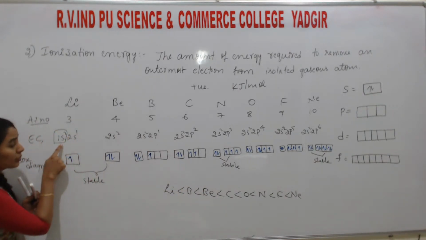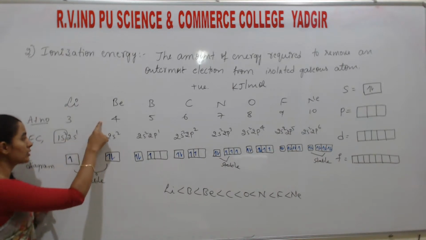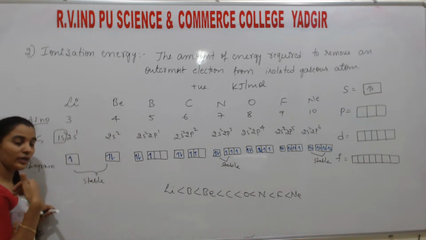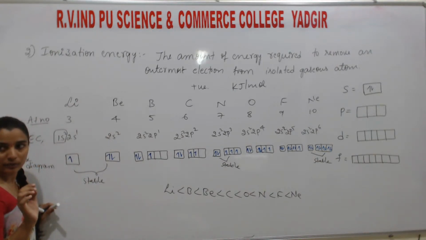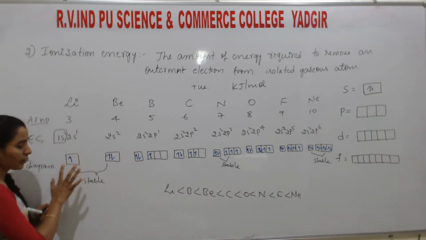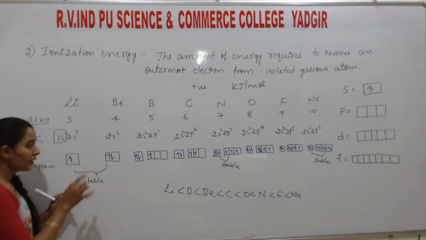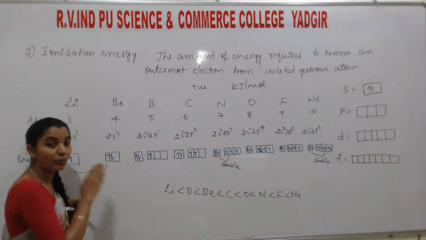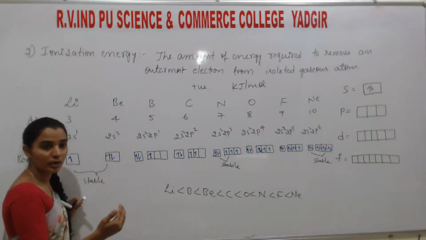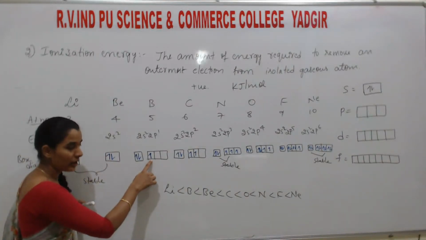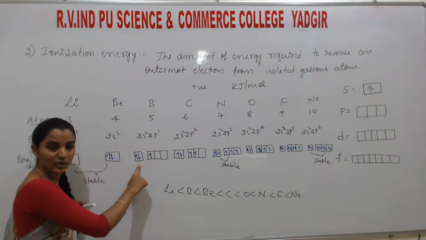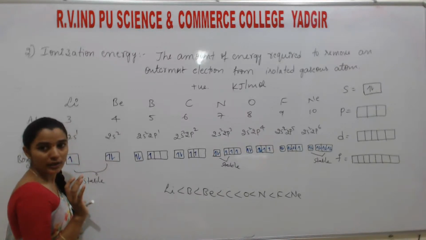listen here. Lithium: why does it lose one electron? Because if it loses one electron, it attains noble gas configuration, a stable configuration. That way it easily gives one electron. Understand? So it requires very little energy. Here in beryllium it is a stable configuration. We have to break stability, so we require more energy. But in boron it is unstable. If you remove this electron, it becomes stable. That means it easily donates an electron.